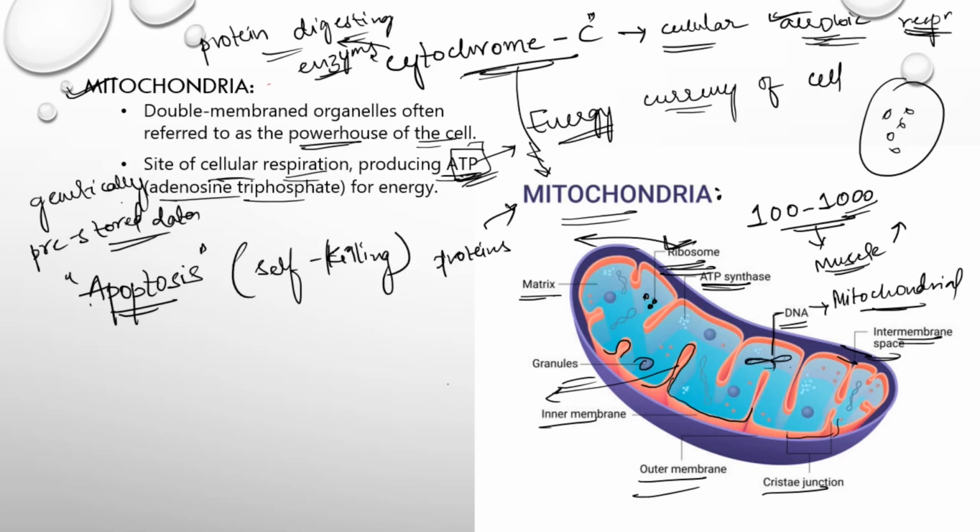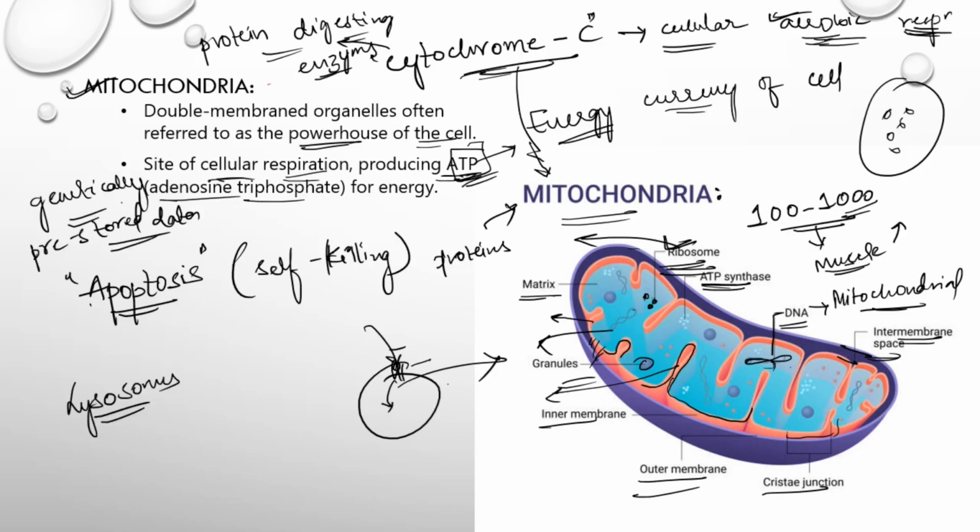Actually in the process of apoptosis, a receptor is present, and when a specific chemical substance or ligand binds to the receptor, it gives the message to the mitochondria that now the cell has been ruptured very badly, and it has to go under apoptosis or self-killing. Then the mitochondria will rupture its membranes and these special chemical substances will be released into the cell, which digests the whole cell.